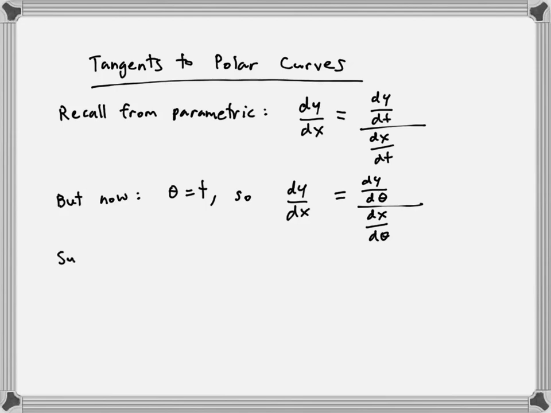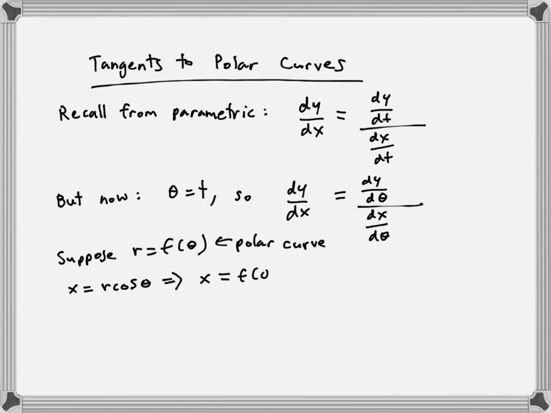Well, I want you to suppose that we know that r is equal to f of theta. Suppose that this is our polar curve. We actually have conversion formulas. If x is equal to r cosine theta and r is equal to f of theta, doesn't that mean that x is equal to f of theta times cosine theta?